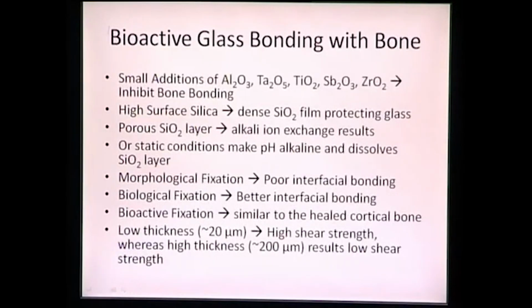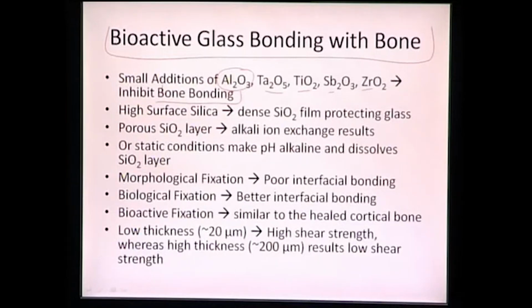And again, the bioactive glass can bond with bone, but it has been observed that small additions of alumina, even less than 3%, or tantalum oxide, titanium oxide, antimony and zirconia, inhibit bone bonding. Even small additions of them serve as such strong oxides that they don't lead to bone bonding, because there is no more silica available on the surface, and it doesn't lead to bonding with the nearby tissues.